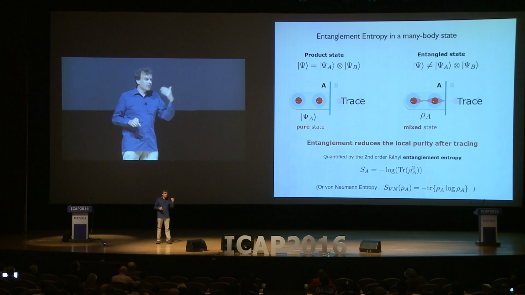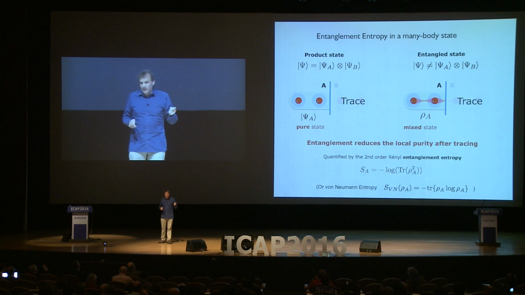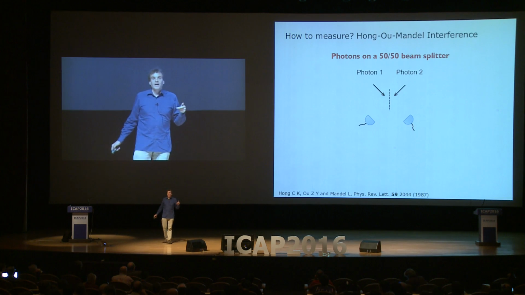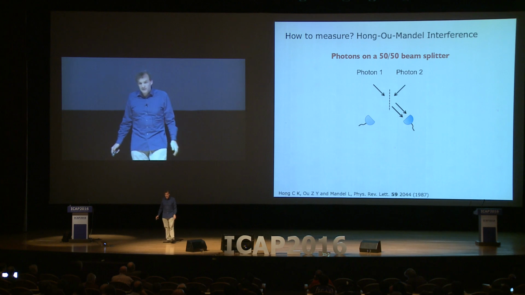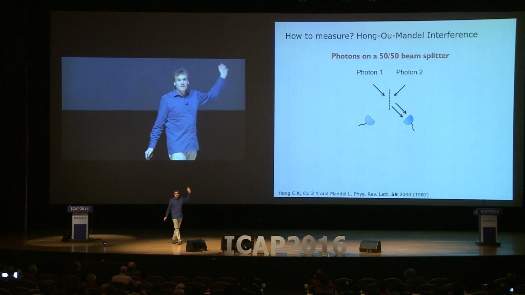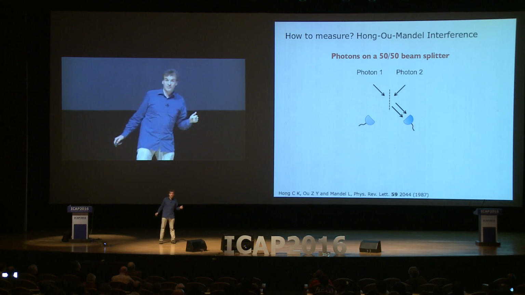We can do this by things that we know from quantum optics and atomic physics, namely by using multiparticle interference. And in order to illustrate that, let me go through the famous good old Hong-Ou-Mandel experiment, because what we are going to be doing is a generalization of that.